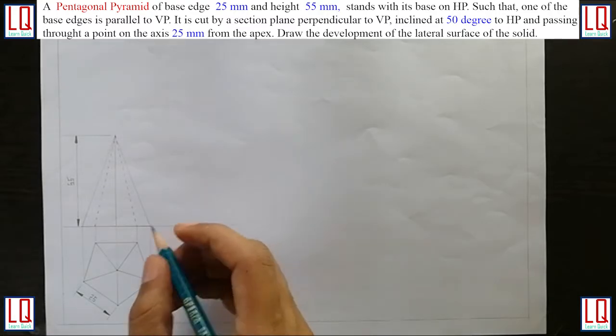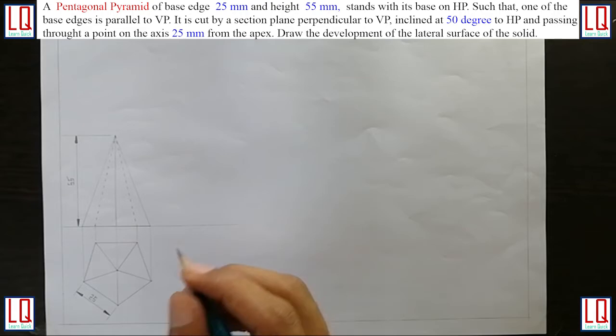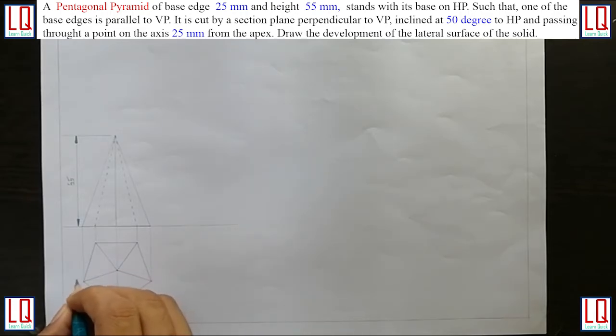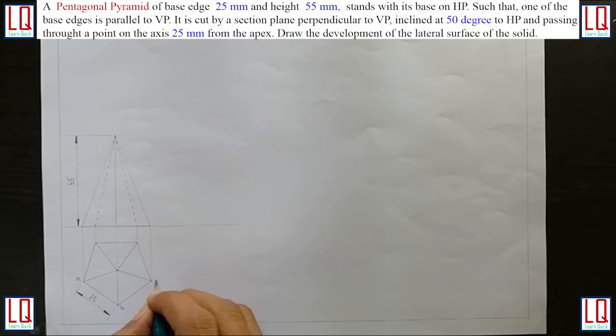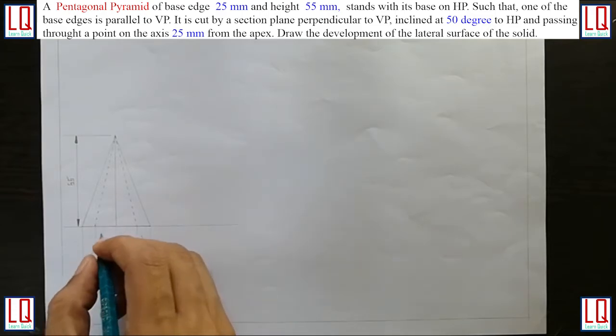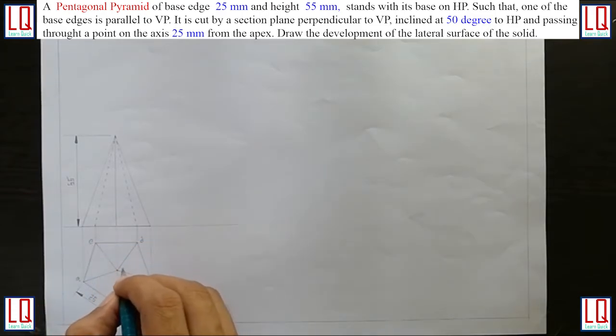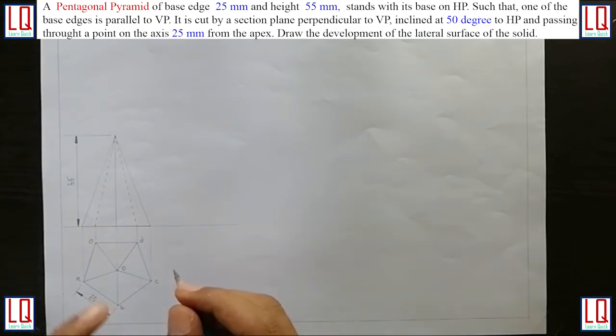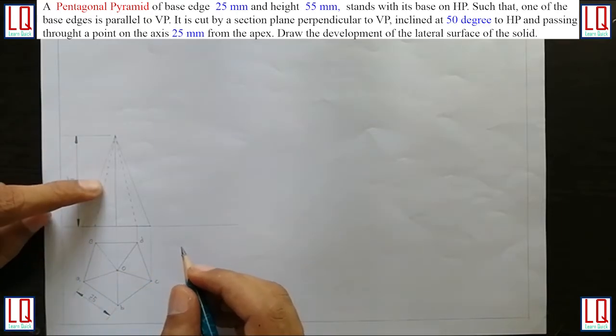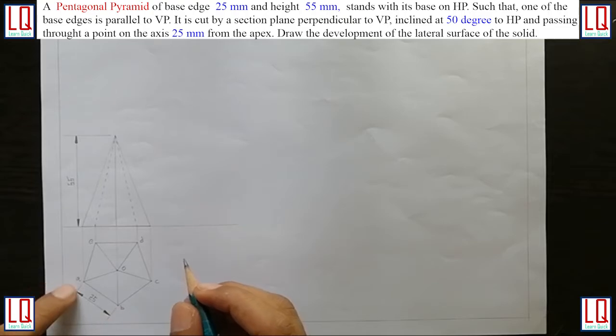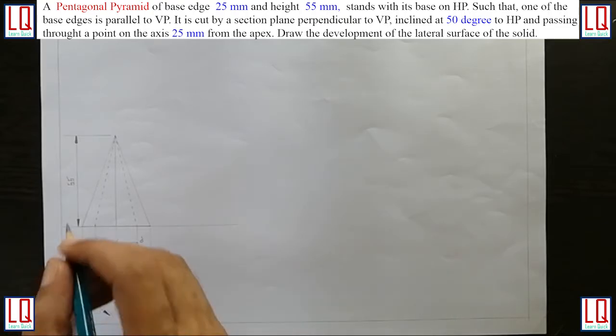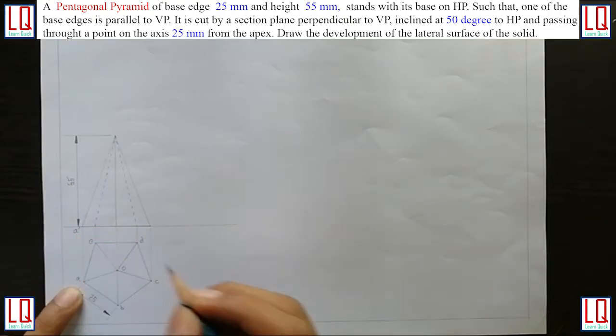Now we are going to name the base corners of the pentagonal pyramid. We will start from the left. This corner I will name A, B, C, D, E, and the apex O. Similarly, if I name the corners in the front view, this corner is visible, so I will name it A dash.